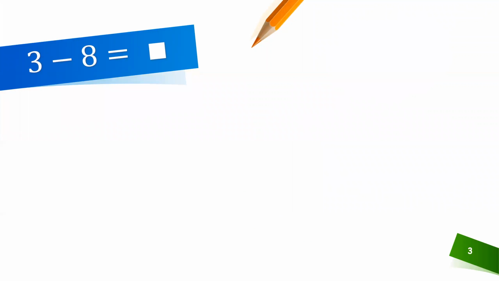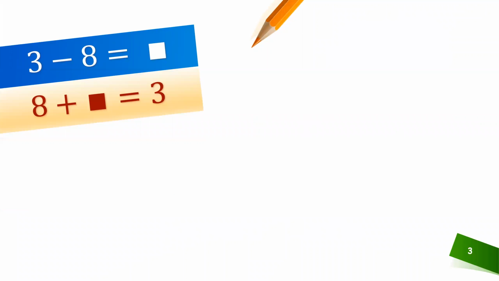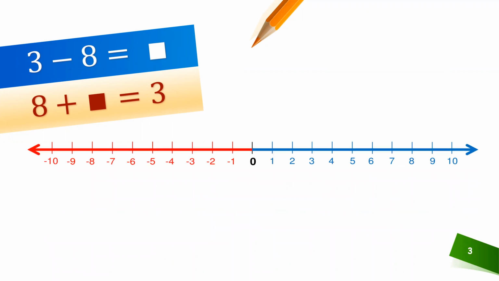Now, what's new might be something like this, but the concept is still the same. For a subtraction problem, you would turn that into an addition problem and think about it as addition. So 3 minus 8 is blank because 8 plus blank is 3. So if you were on a number line starting at 8, how do you get to 3?